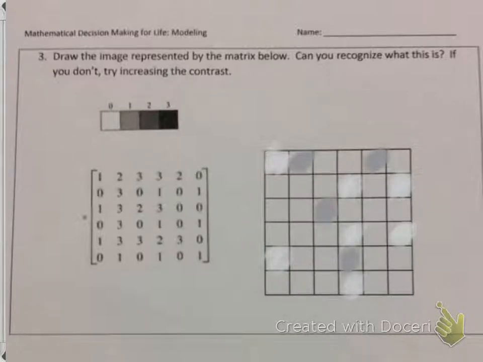And now I'm going to do my 3's, which is here and here and here, here, here, here, here, and here. And here, and then it just says, can we tell what this is?